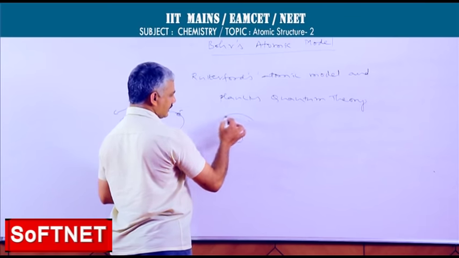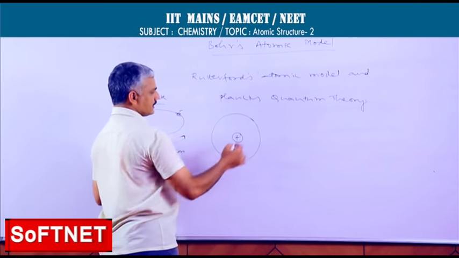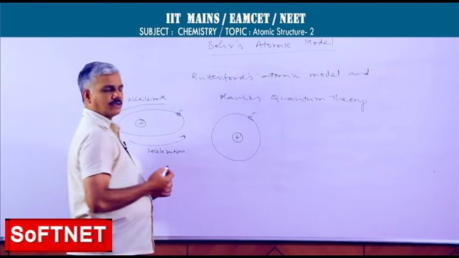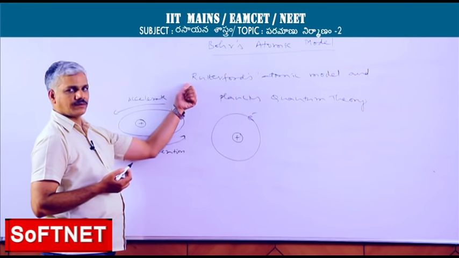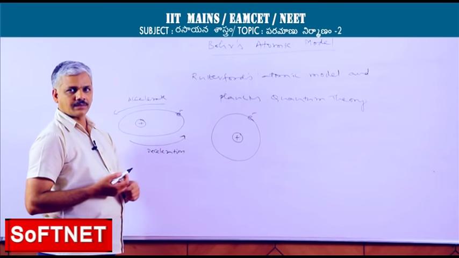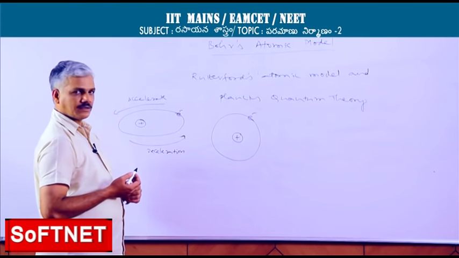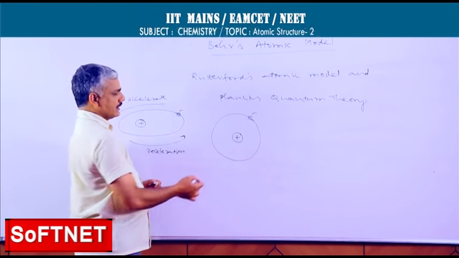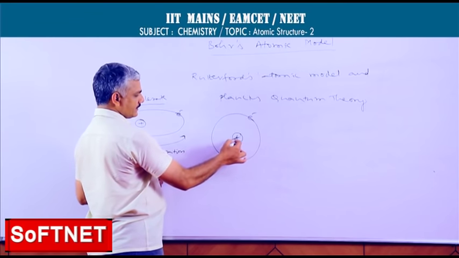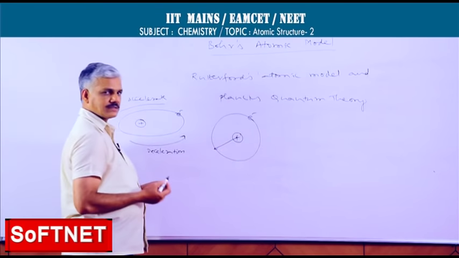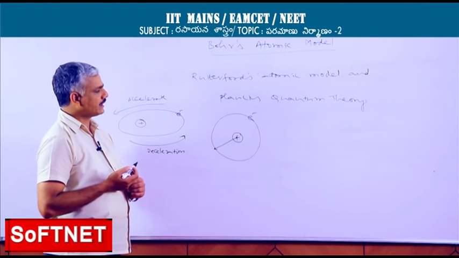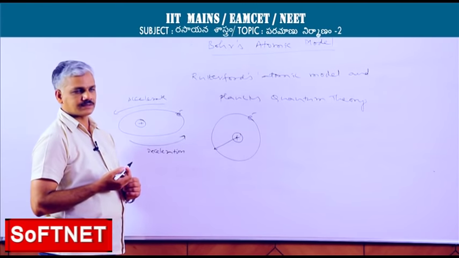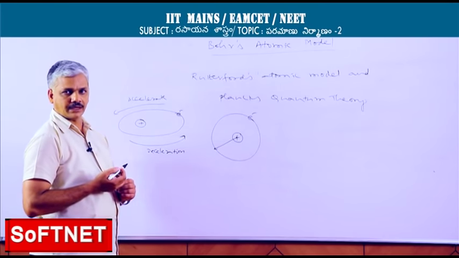So the modification is that the electron is moving around the nucleus not in an elliptical path as suggested by Rutherford, but in a circular path. When the electron is moving in a circular path, its distance from the center of the nucleus always remains constant. When the distance remains constant, the electron can move around the nucleus with constant speed.